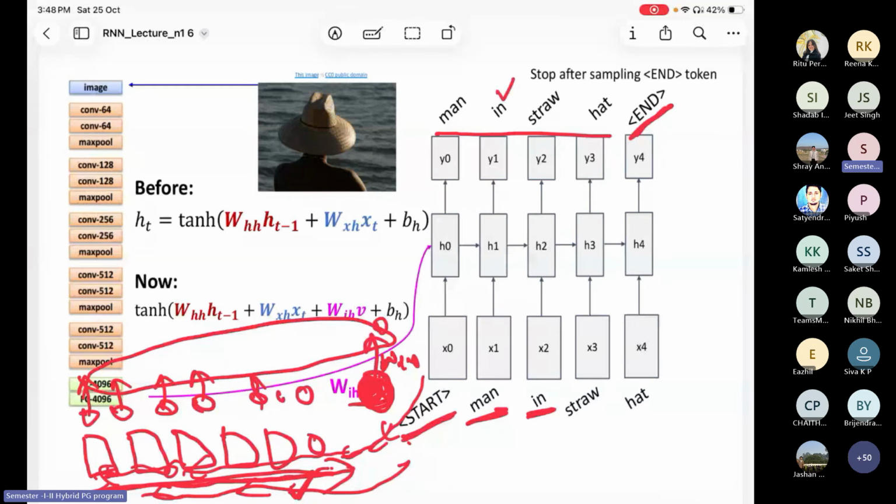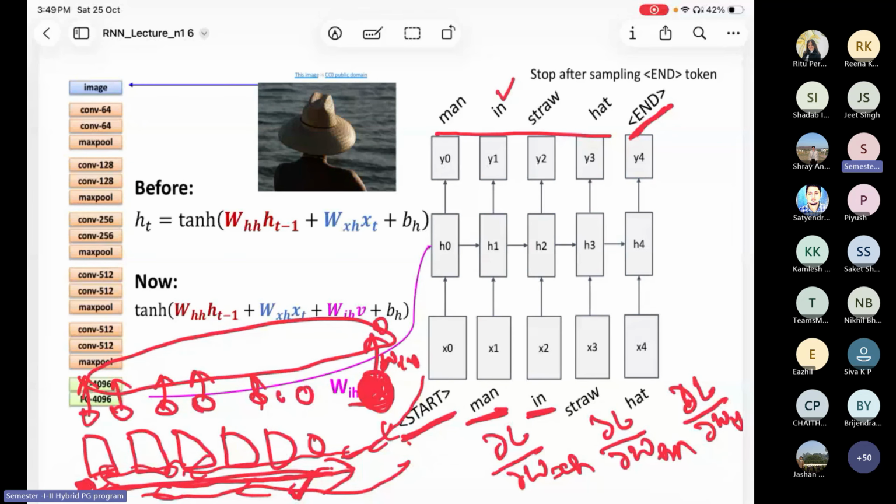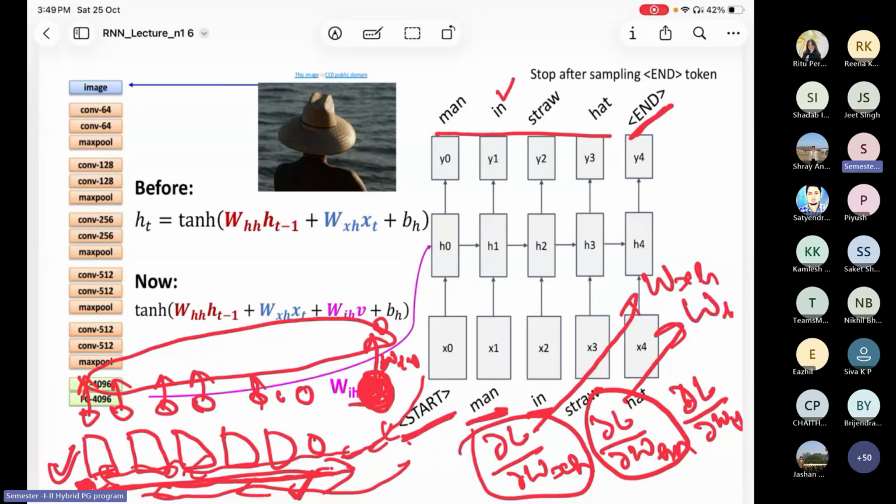That means you're finding the gradients, and at the end, whatever gradient you got here, the del of WXH, del of WHH, and del of WHY, these three things you need to calculate. With the help of the first you update WXH, with the second you update WHH, and with the third you update WHY.